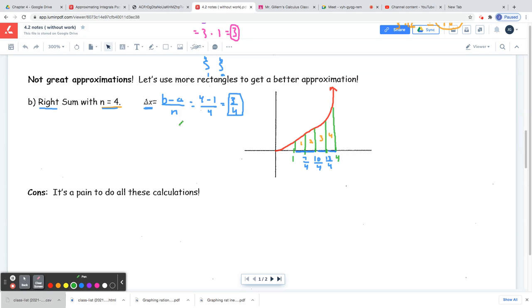Since I'm going to use the right sum, I want the right side as my height. It's going to be that rectangle. When I get to 2, my left side is 7/4, my right side is 10/4. I'm going to use my right side. In all of them, I use the right side as my height.